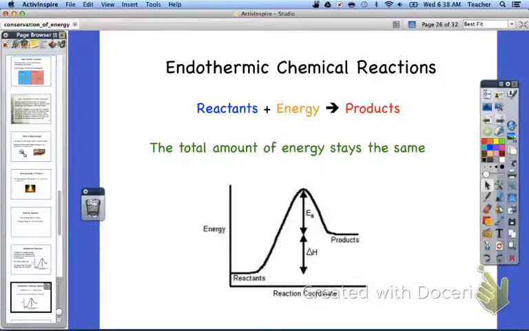It was required for the reaction to happen. And then we end up forming the products. So if energy is a reactant, you know that that particular chemical reaction is endothermic. The energy is required for the reaction to happen.